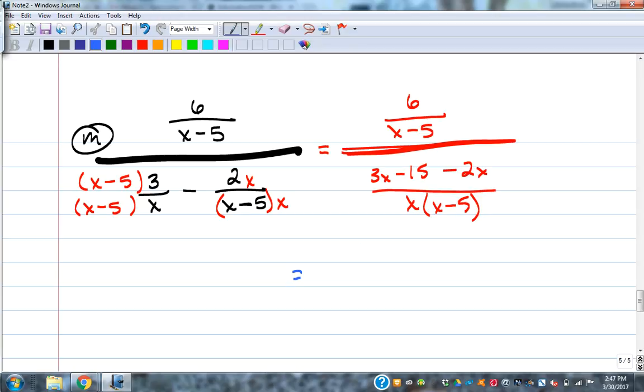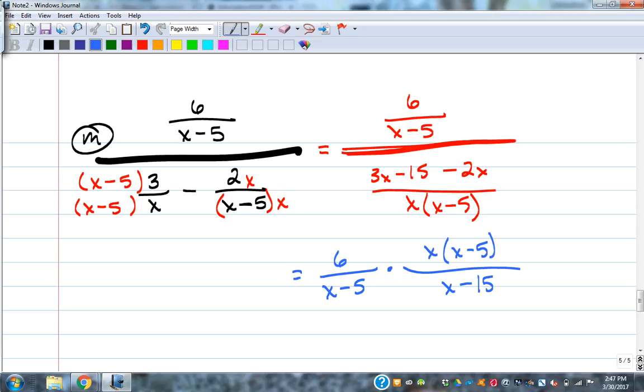And maybe you want to skip that step of rewriting the simplified version and go straight to the multiplication step. So you got 6 over x minus 5 times x over x minus 5 over, and then just simplify that right there. So 3x minus 2x is 1x minus 15.